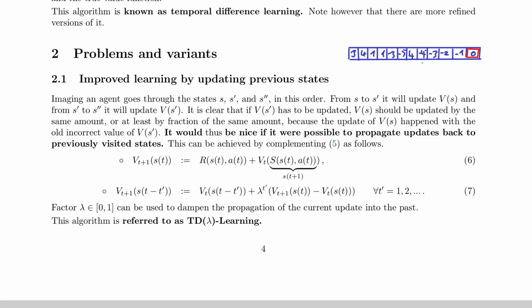Now the value here has changed from 5 to -4, so it has changed by 9. That can help us to update also the value of the previous state to correct that, because that used to be the correct value for the 5 that was in here.